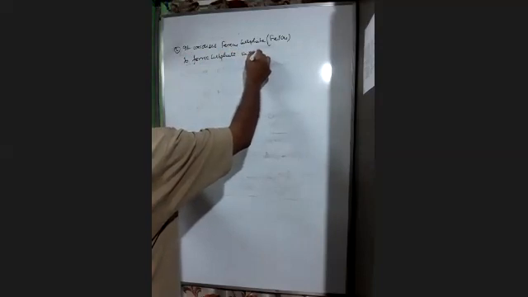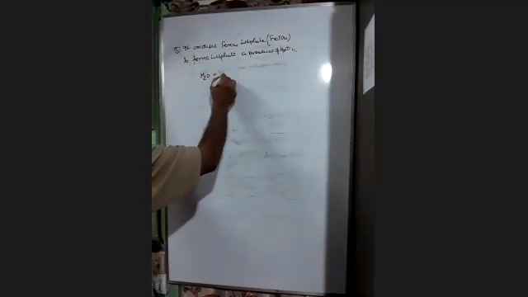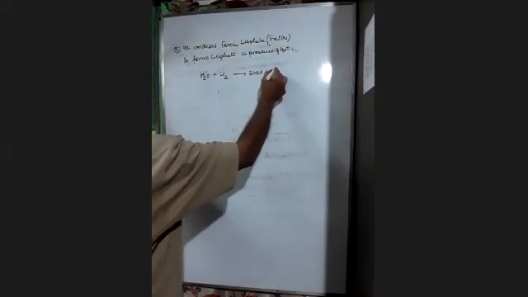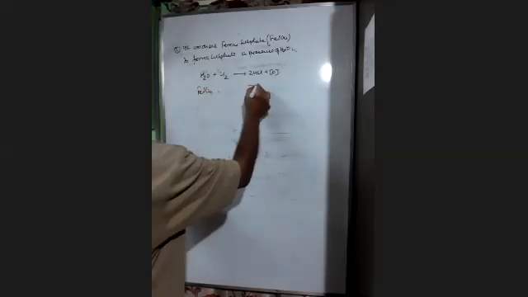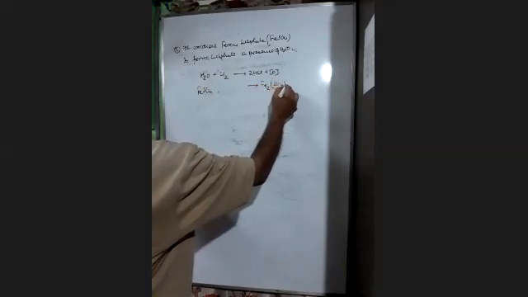In presence of water, you can write it like this. H2O equal to 2HCl plus 4. So now we'll write here ferrous sulfate. Here we'll write ferric. Okay, this is the formula of ferric sulfate.